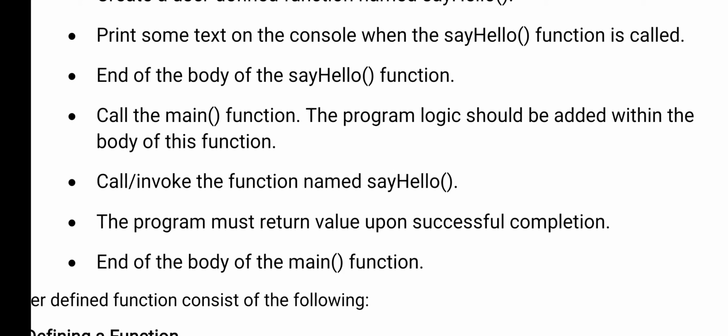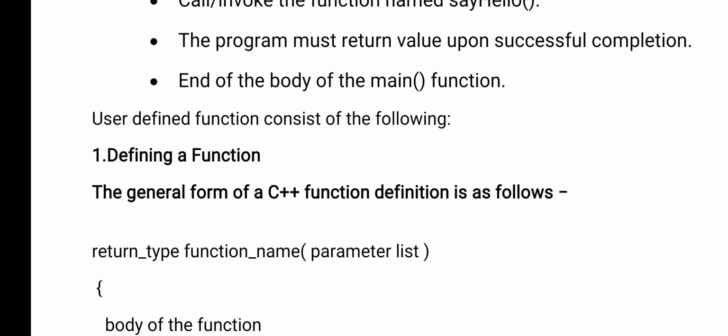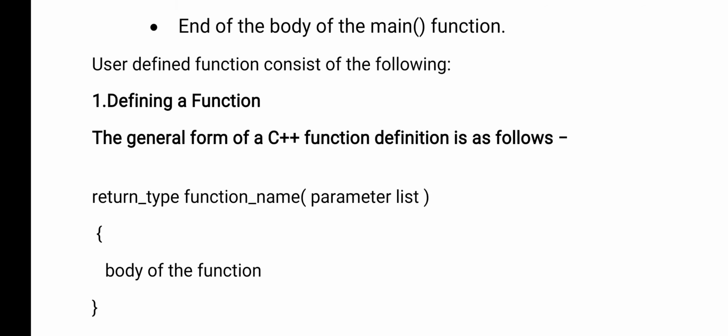Now, as already said, if it is a user defined function, the user must declare the function and the user must call the function. What are the steps you need to follow while creating and executing a user defined function? First step is defining a function.